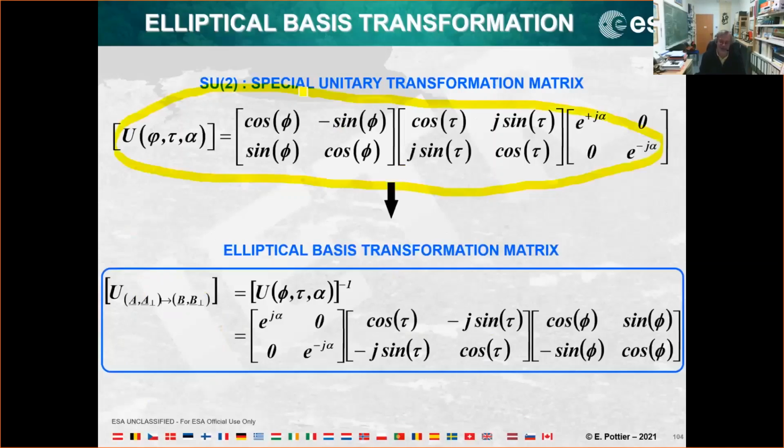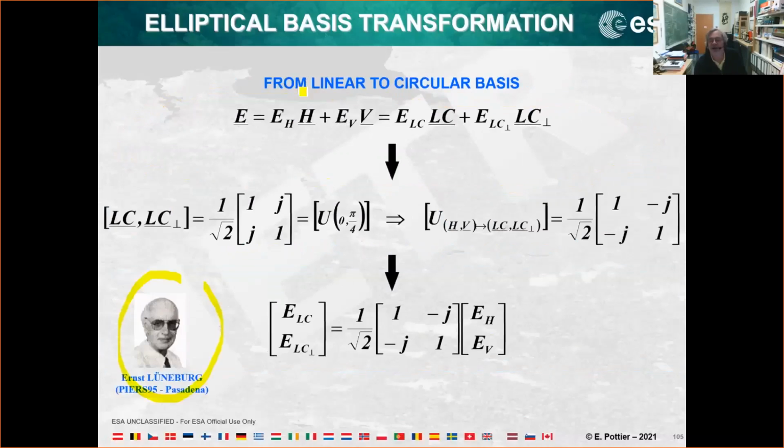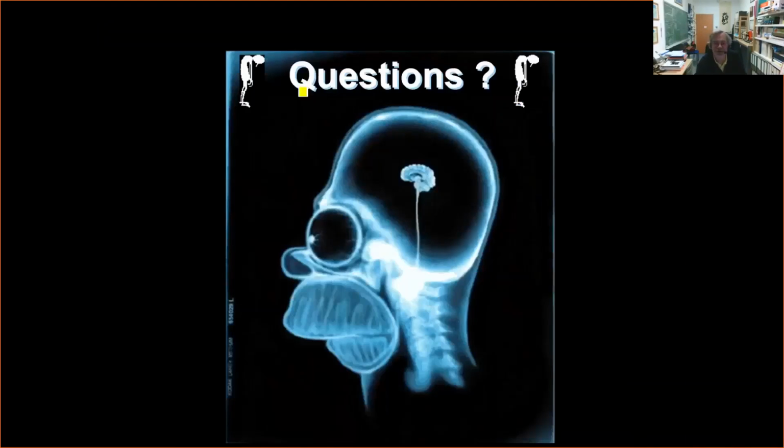So this is something we have to take care of, using this group of transformations. So today we are clear about all the elliptical basis transformations. Thanks to Ernst Lueneburg, we demonstrated everything from a mathematical point of view, 25 years ago. Okay, so I think that we can make the break.